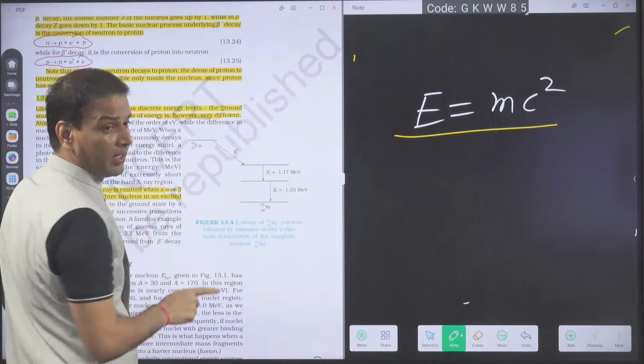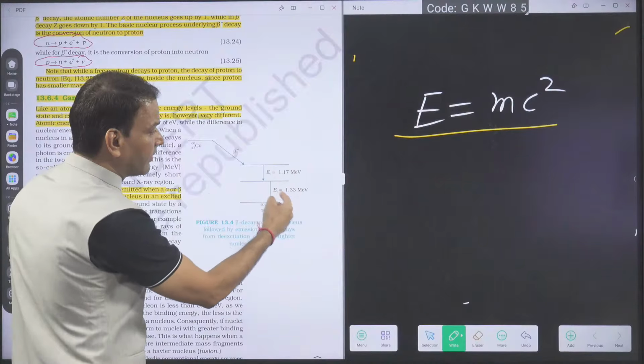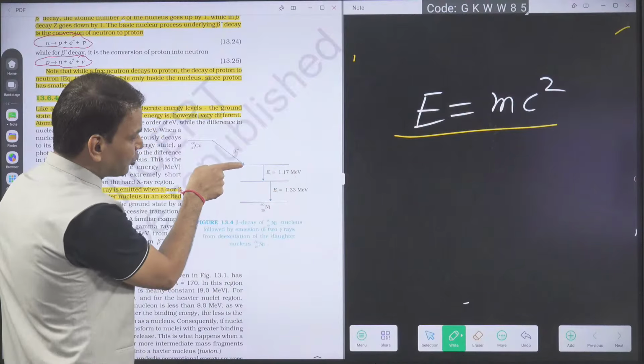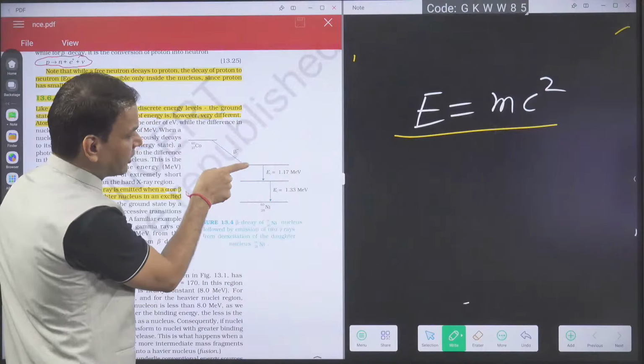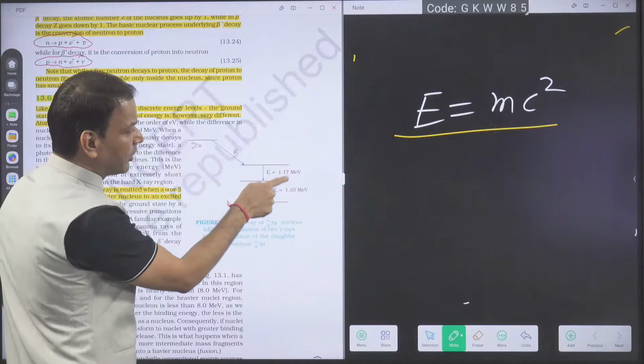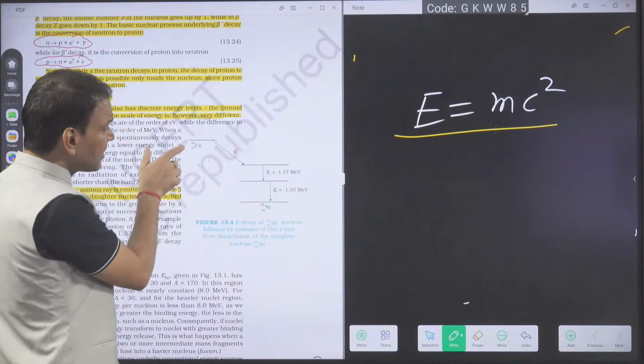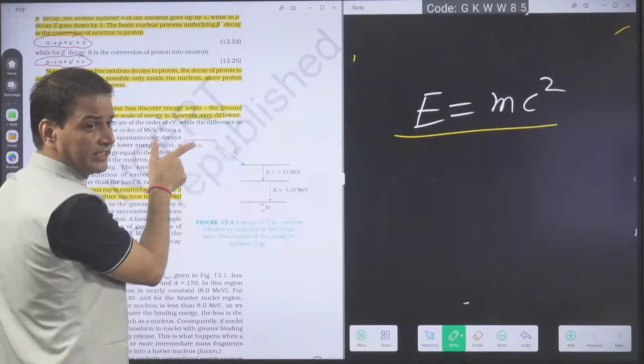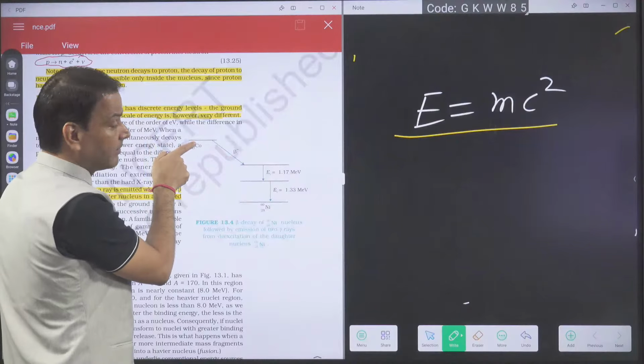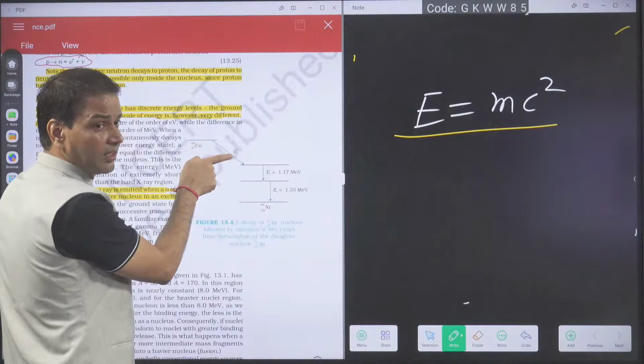If I am asked what is the energy of the gamma emitted, the energy of the gamma photon will be 1.17 and 1.33. If they directly show one transition from here to here, then the energy of the gamma emitted is 1.17 plus 1.33. But according to this figure, when 27 cobalt 60 emits beta, it is unstable, it ejected beta, its stability increases.